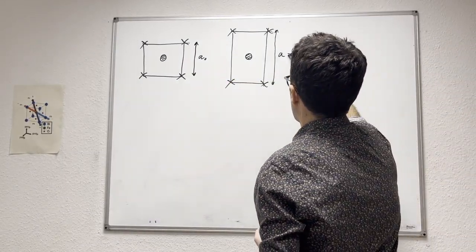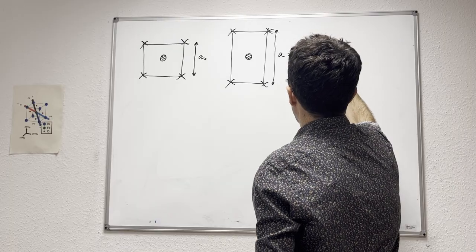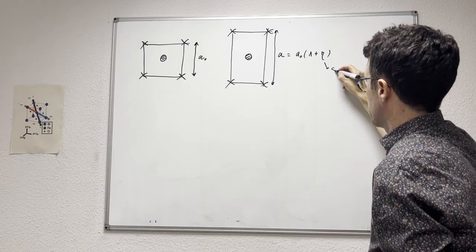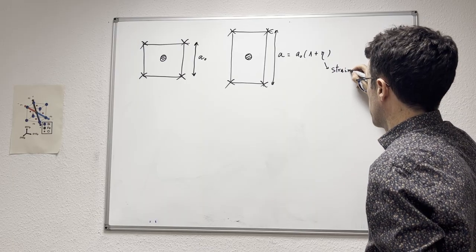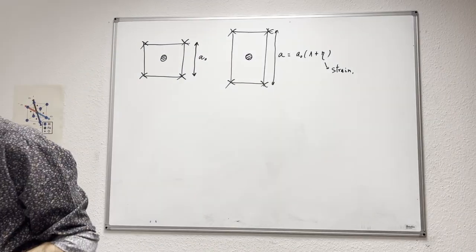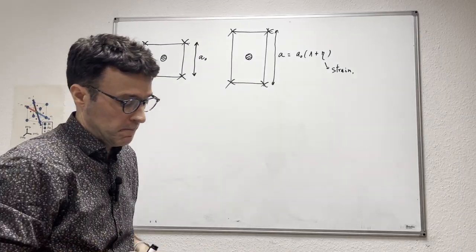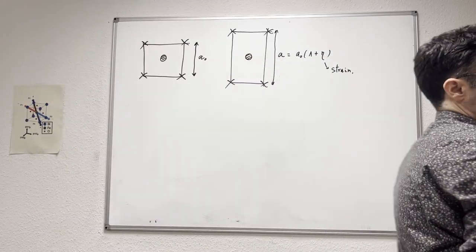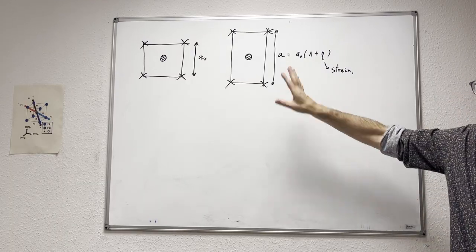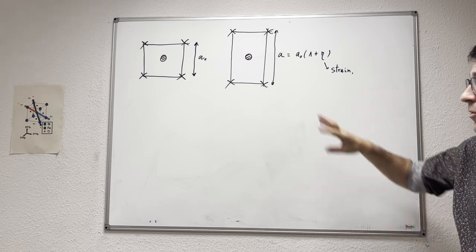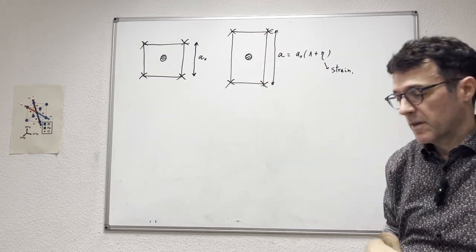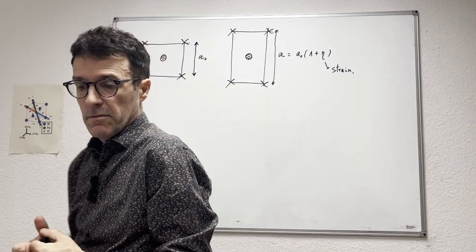So essentially we are going to write A as A0 times (1 plus eta), where eta is a new quantity, which is what we call a strain. A strain is introduced in a different way in textbooks, but ultimately when it comes to homogeneous strains that would describe how the whole system has elongated in this way, so every unit cell is now longer along the vertical, this is a sufficient definition.